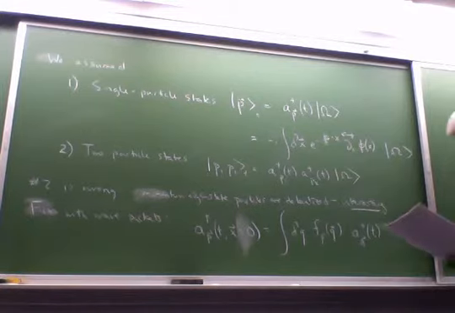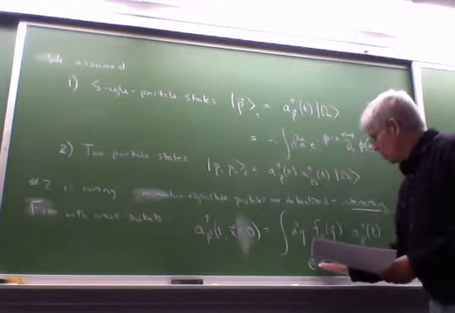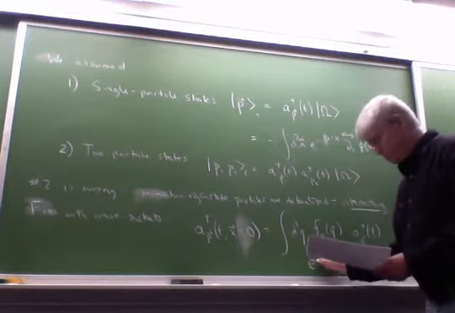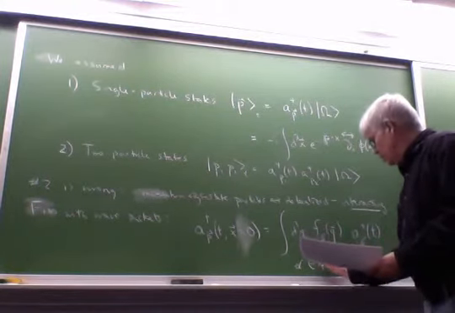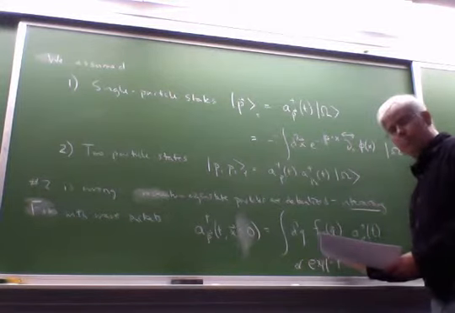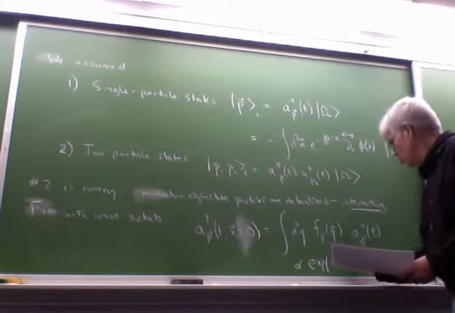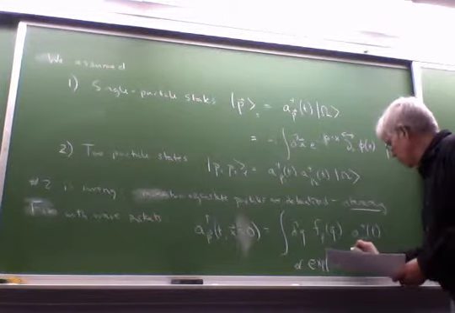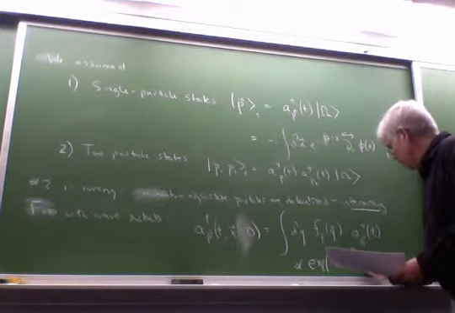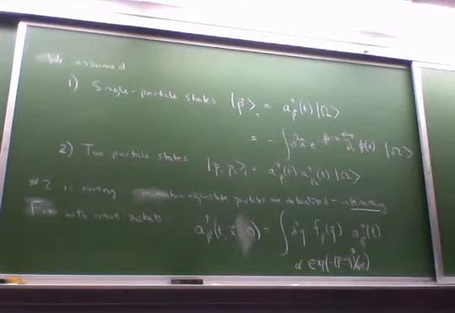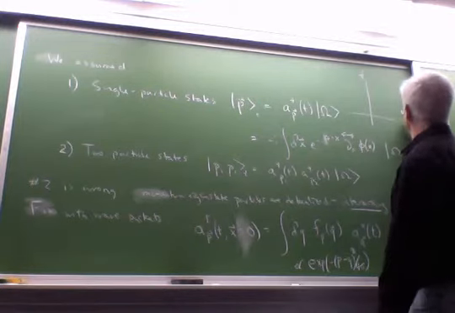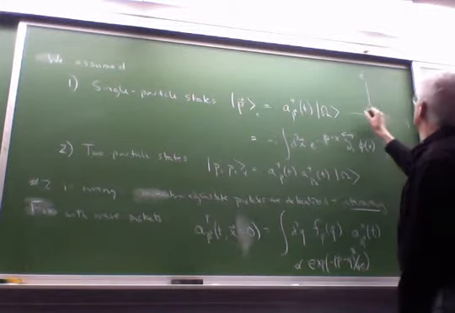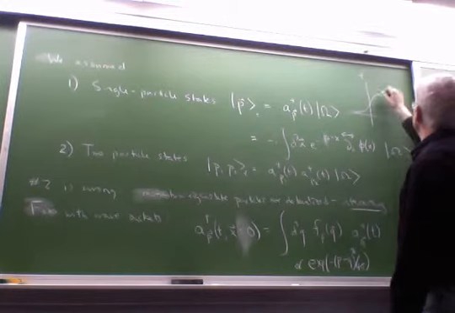Which could be, for example, proportional to, with some normalization, exponential of minus p minus q squared, divided by some standard deviation, over 4 sigma squared. Okay, so f of q looks like this. It's peaked around p.